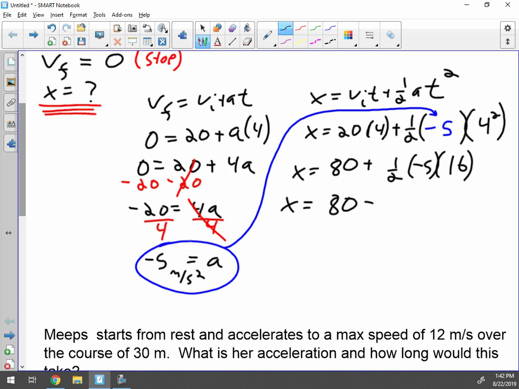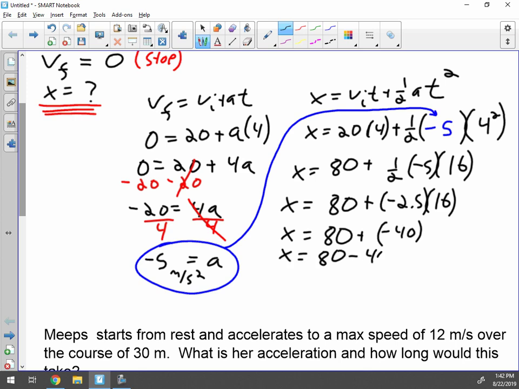I can do half of negative 5, negative 2.5 times 16. Negative 2.5 times 16 is negative 40. So then I would have 80 minus 40. So my distance is 40 meters.